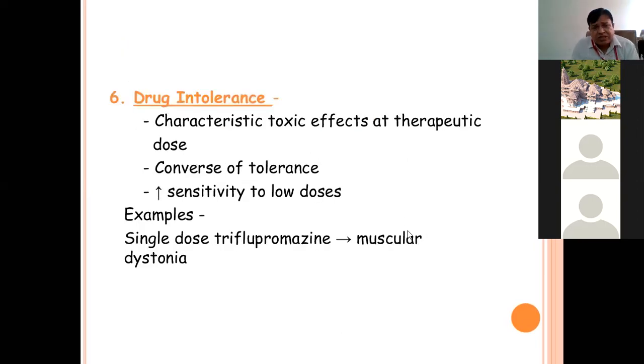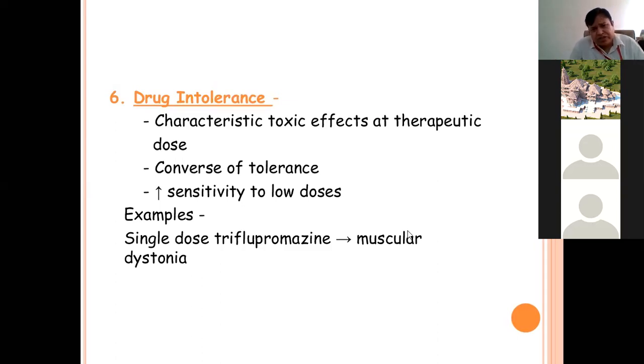Now, this is drug intolerance, which is also an adverse drug reaction. It is a characteristic toxic effect at a therapeutic dose. Here, a therapeutic dose produces a toxic effect in some individuals, not for all.